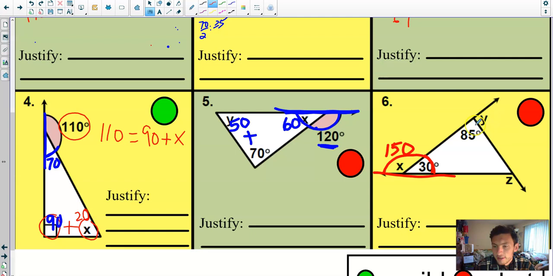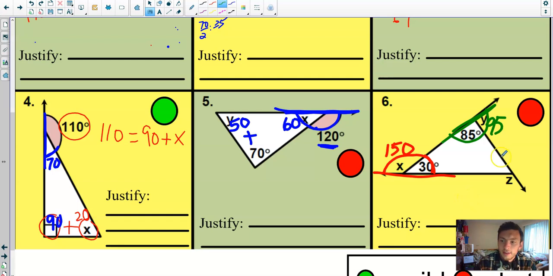I could do the same thing to figure out y. Let me switch colors. Full semicircle, straight line. 180 minus 85 is 95. And now there's 2 ways I can figure out z.